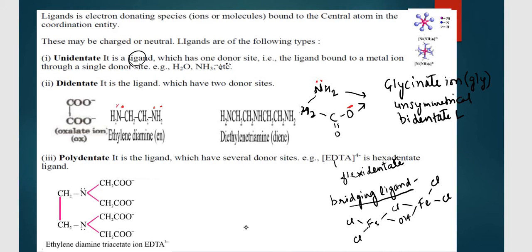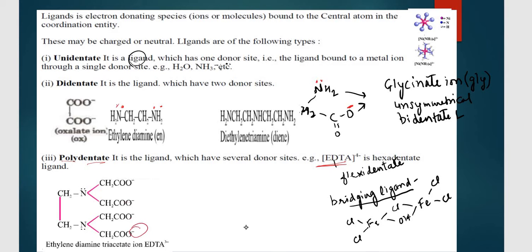Now the one which has more than two donating sides is called a polydentate ligand. Poly means many and dentate is the donating site. An example is EDTA, ethylene diamine tetraacetic acid. Tetra means four, so four acetic acids are there.